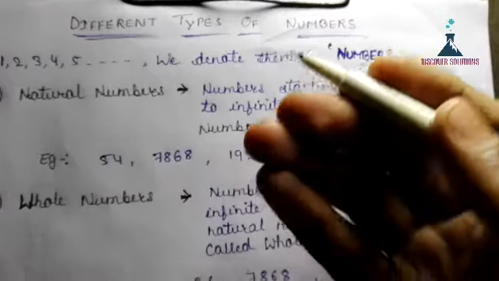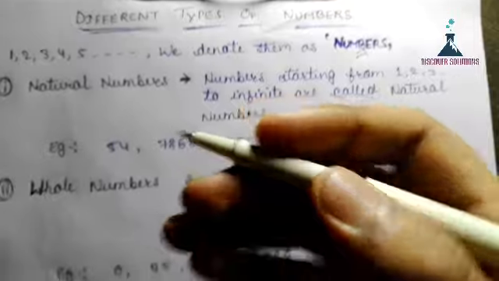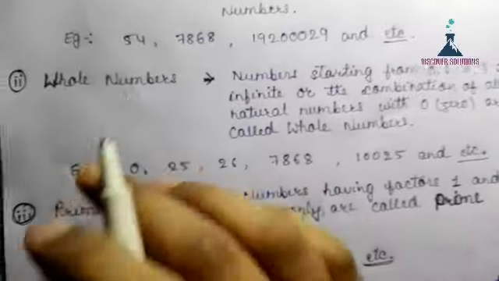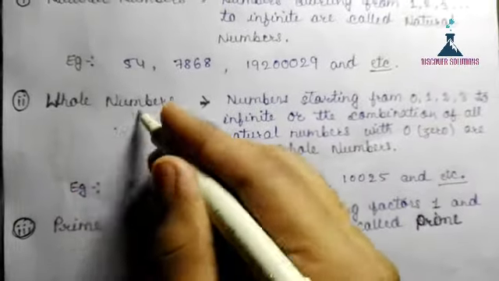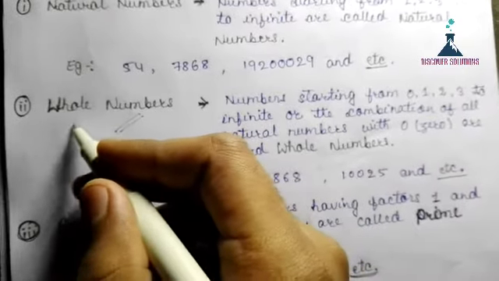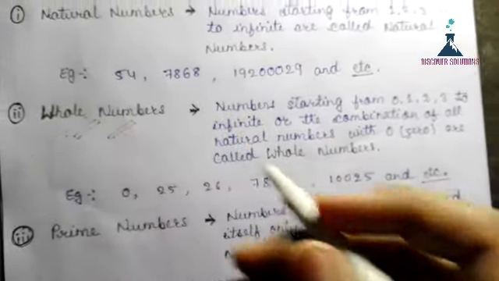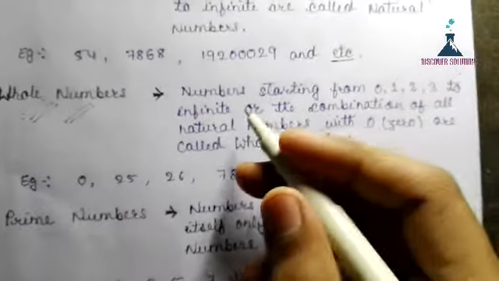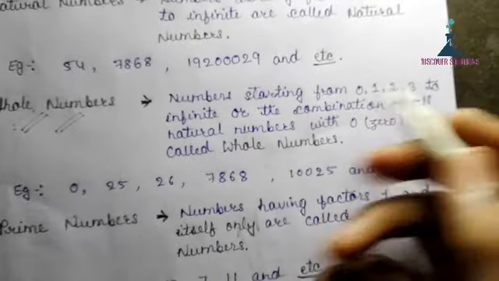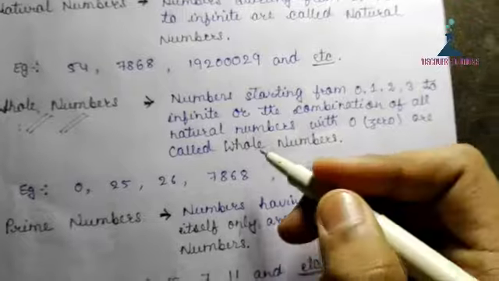So friends, an interesting question arises here: where does zero come? In the next type of number, that is whole numbers, the zero comes. This is the simple combination of all natural numbers with zero. As you can see in the definition, the numbers starting from 0, 1, 2, 3 to infinity, the combination of all natural numbers with zero, are called whole numbers.